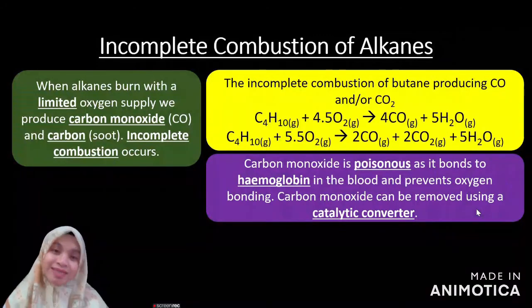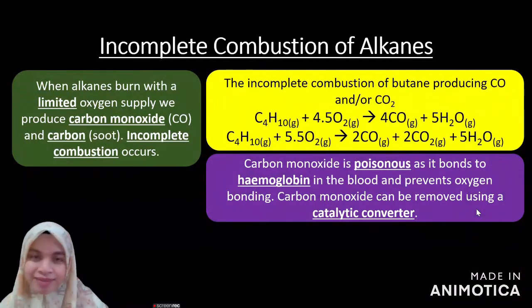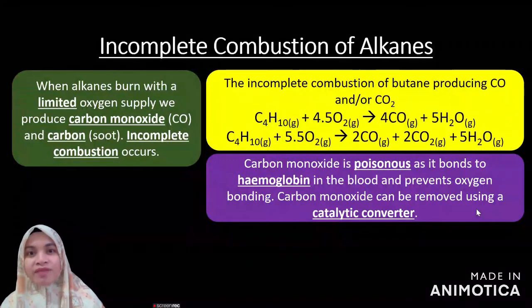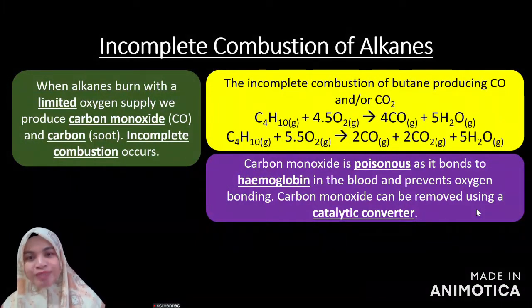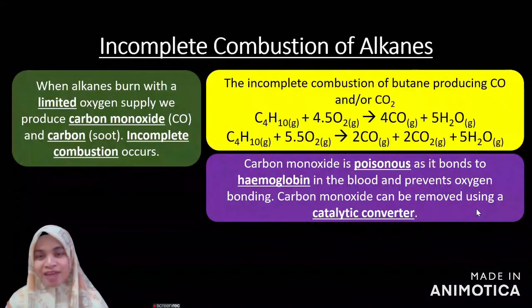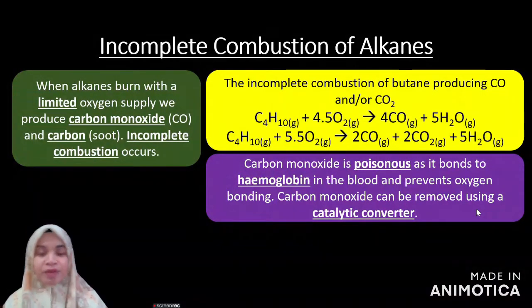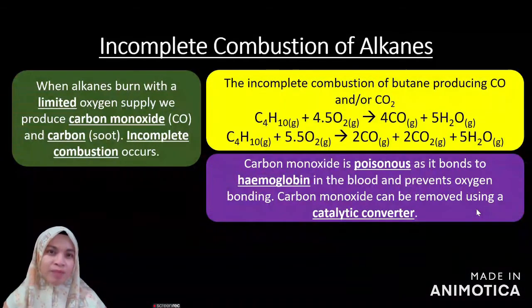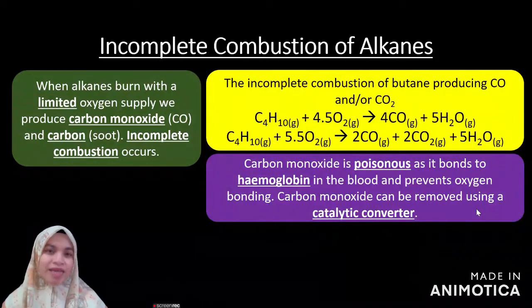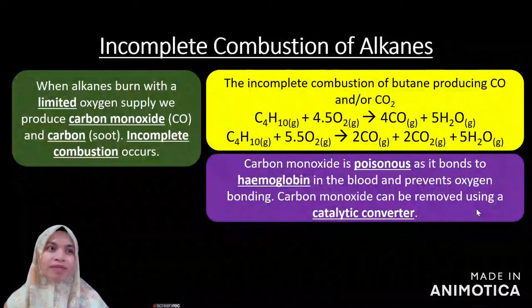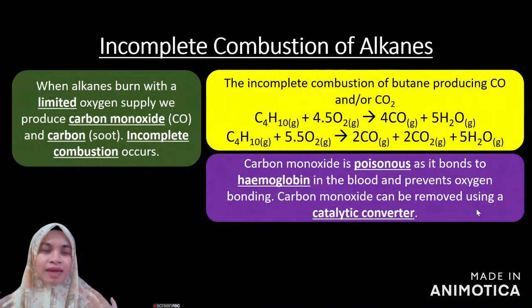So this carbon monoxide is poisonous. Why is it poisonous? In our red blood cells, we have a structure called hemoglobin. This hemoglobin should be bonded to oxygen to carry it to the rest of the body. Instead of bonding with oxygen, it will bond more readily with carbon monoxide, so our body has less oxygen.